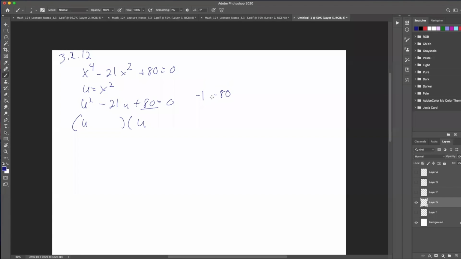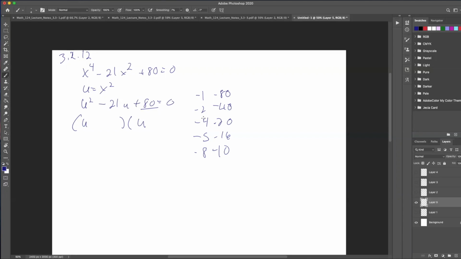So it's just going to be -1, -80, -2 and -40. Doesn't divide by 3. It does divide by 4, -4 and -20. -5 and -16. 6 doesn't work, 7 doesn't work, 8 works, -8 and -10 does.